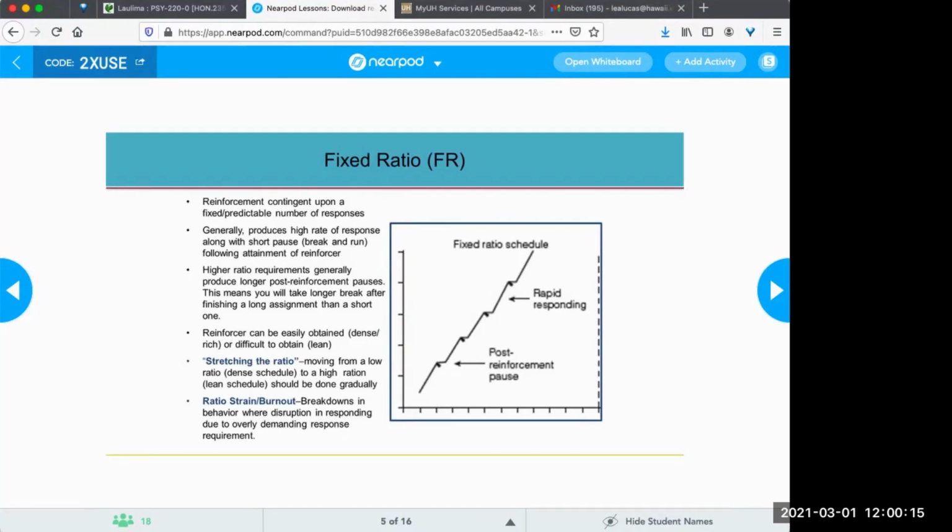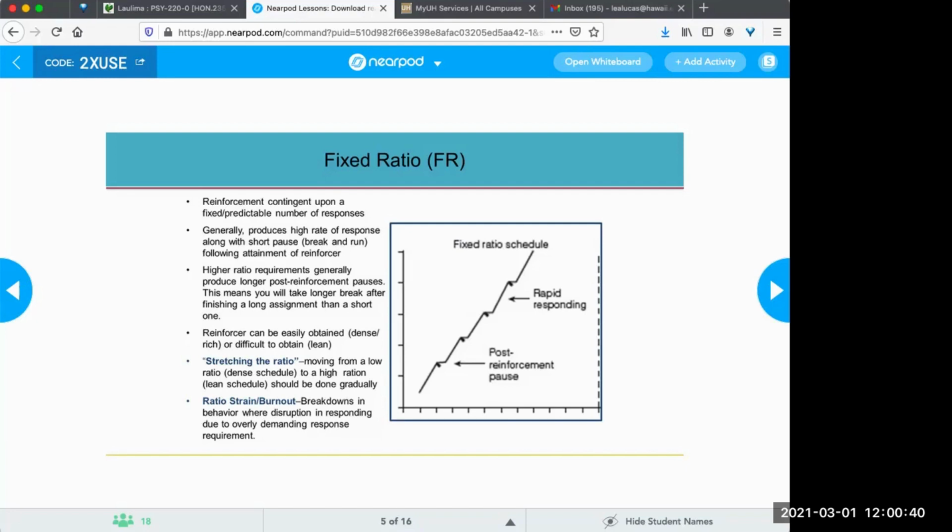So we have several types of schedules of reinforcement. I might have said this in Psych 100 because I was teaching the same thing last week in Psych 100. But an easy way to remember the makeup of the schedules of reinforcement is that there are ratios and intervals, and fixed and variable.